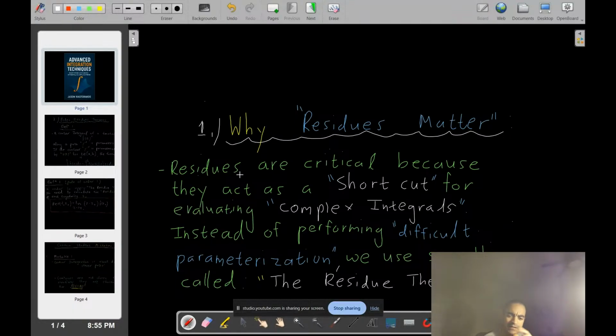When it comes to residues, you're able to learn certain types of methods that you're not taught in elementary calculus. You don't learn residues in elementary calculus, but this is another method that can help for solving advanced integrals.